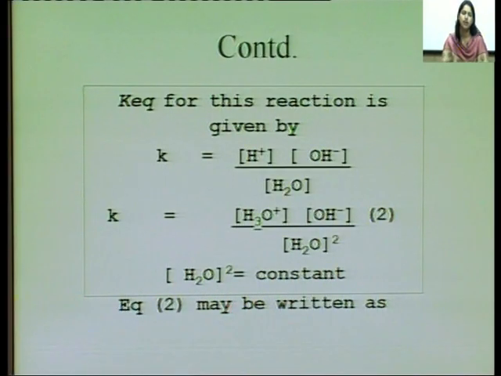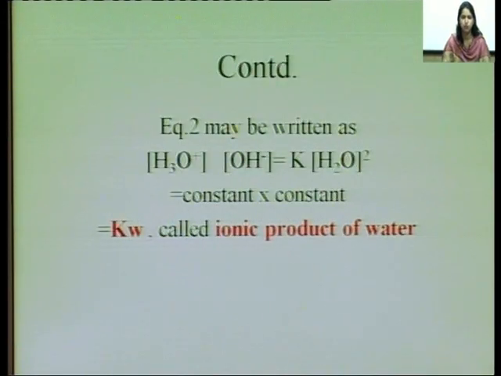As water is ionized to a small extent, the concentration of unionized water is taken to be constant. So, it does not vary. So, from this equation, K into H2O whole square, that is constant, is equal to hydronium ion into OH negative ion.